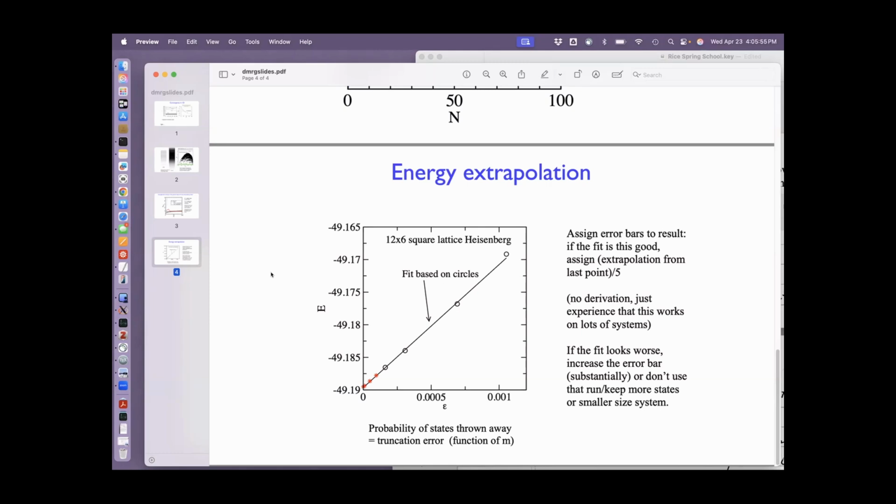You're working with some psi MPS, and you take psi exact minus psi MPS and square it. This is related to it in a certain situation, where you started with an exact state and did one truncation. So you can extrapolate just like you would if this was a variational calculation. We have some error in the wave function squared, and we look at the energy, and so we can extrapolate to more accuracy.